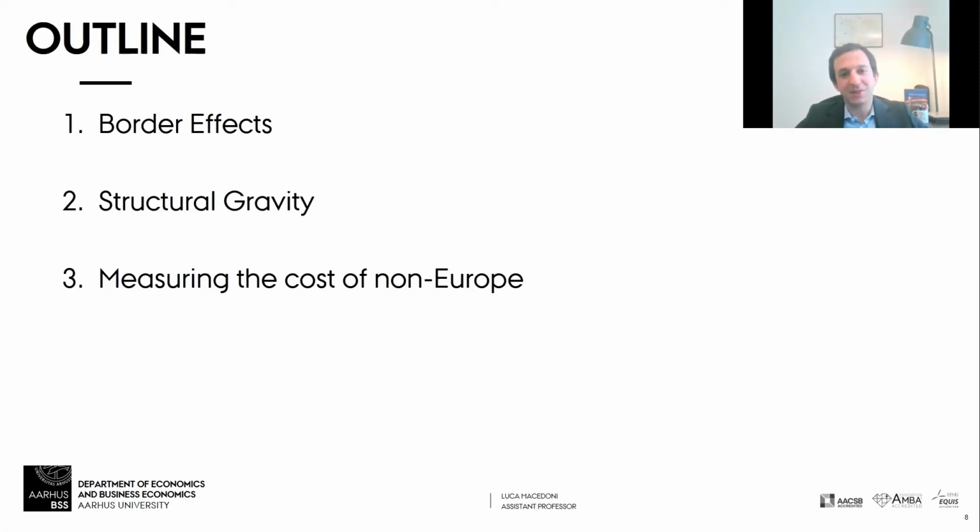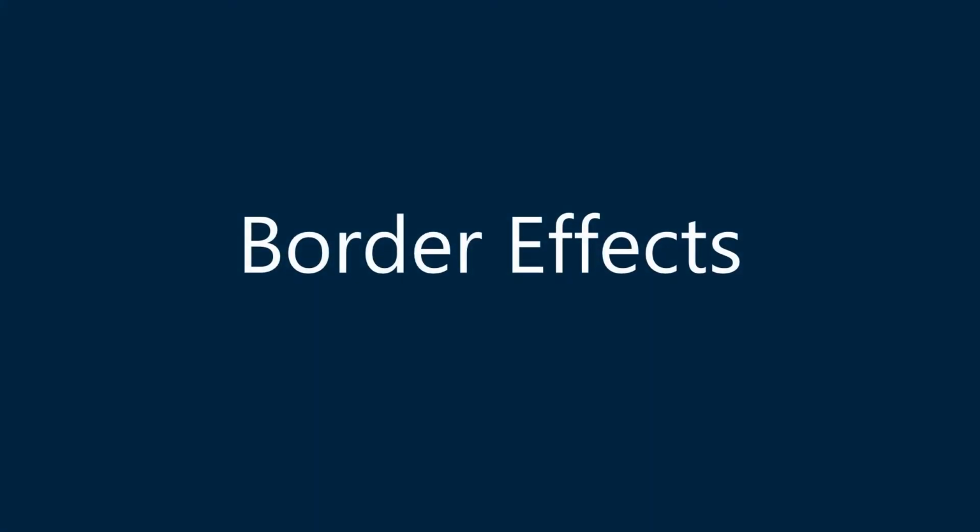So we're going to see a simple model that generates a structural gravity equation, which allows us to take into account for everything. And finally, we're going to apply the gravity equation framework to the topic of Brexit by looking at an article that measures the cost of non-Europe.